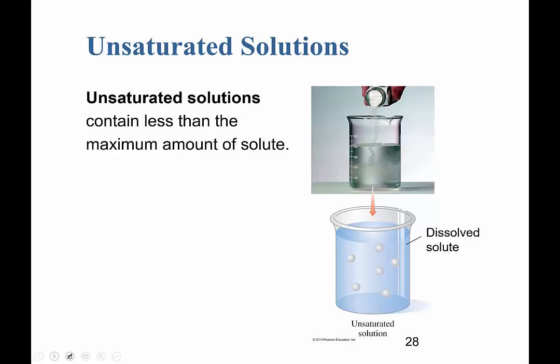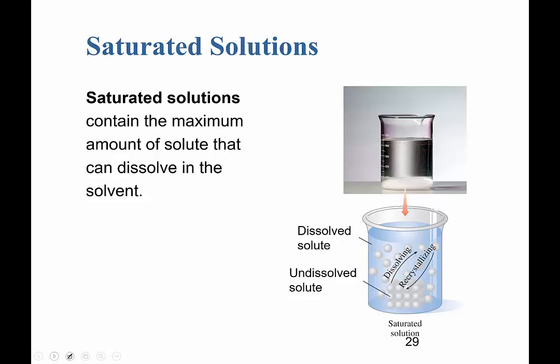If my solution is unsaturated, then that means it contains less than the maximum amount. And that maximum amount is called your solubility that we just looked at. So if it's unsaturated, it contains less than the saturated amount, which is the solubility. It means it can still hold more. If it's a saturated solution, that means it can't hold any more solute.